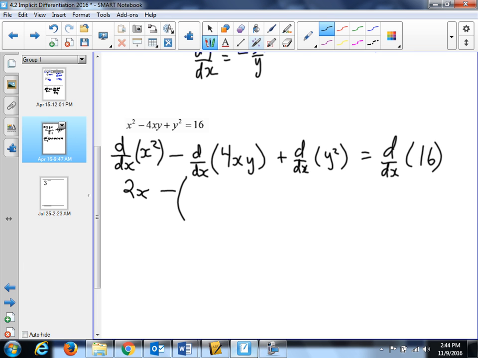So the product rule is the derivative of the first part of the expression, so the derivative of 4x is 4. Leave the second part alone. The y is left alone. Add that to the first thing left alone, 4x. Everybody agreed? The derivative of y would be dy by dx.